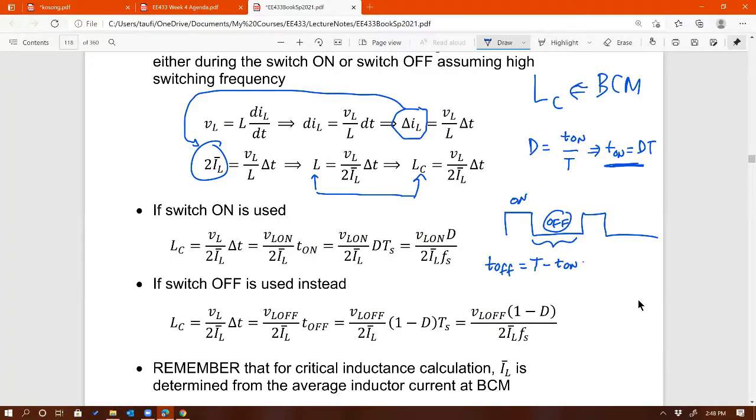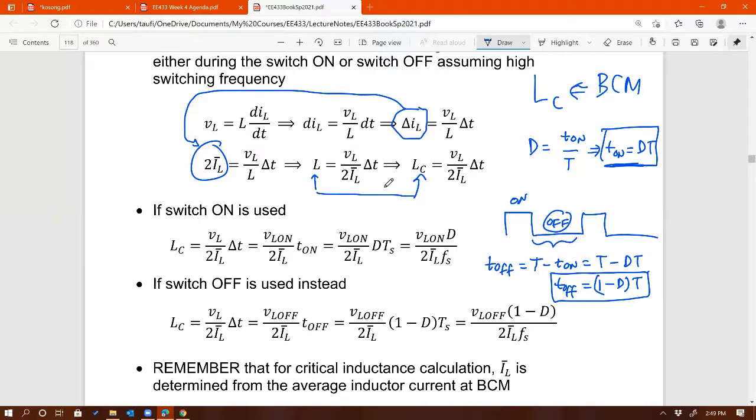So that's equal to T minus dT, which is 1 minus d times T. Any question on that? Okay, remember that: T on is dT, T off is 1 minus d times T.